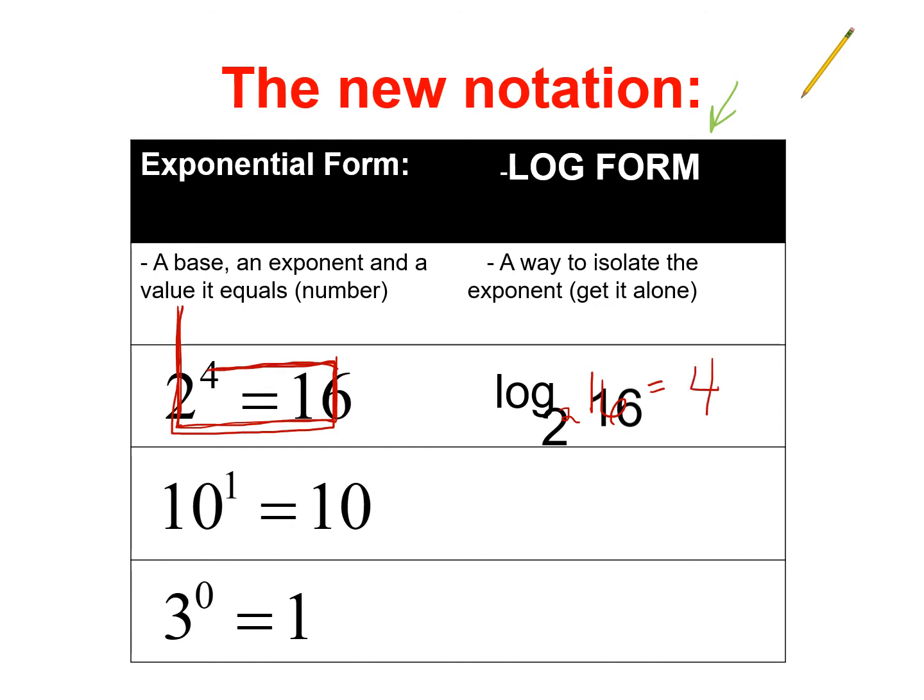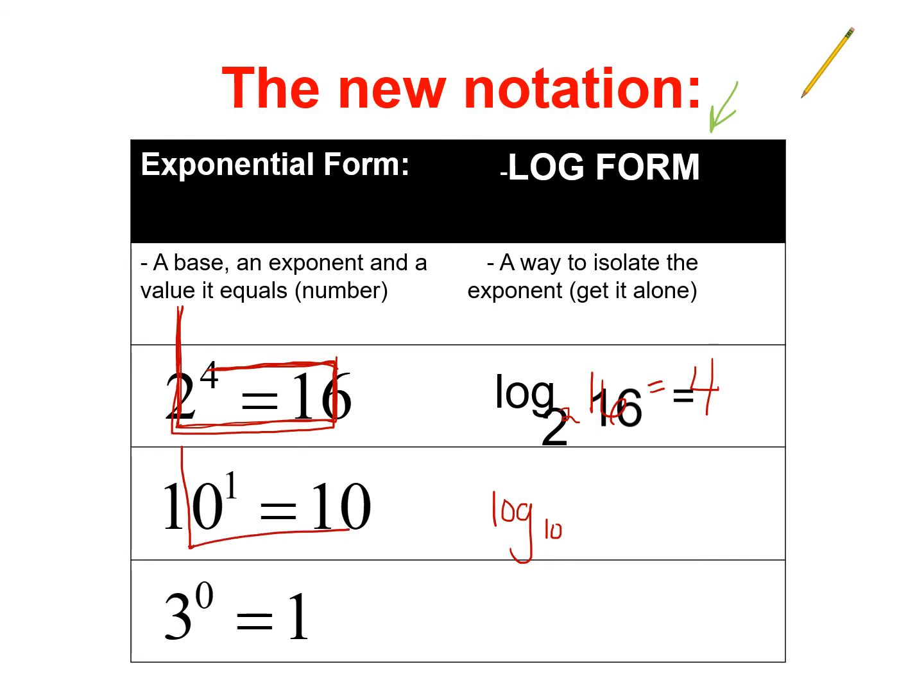So all this means is that 2 to the 4th equals 16. Now if I were to do it with the 10 raised to the 1st, again we want to make that L, so come down. That's going to be our log, so we write log because we're going to log form. Now we came down through the 10, so that's going to be my base.